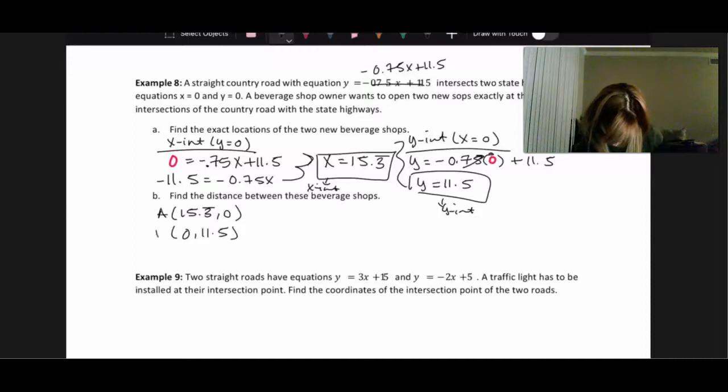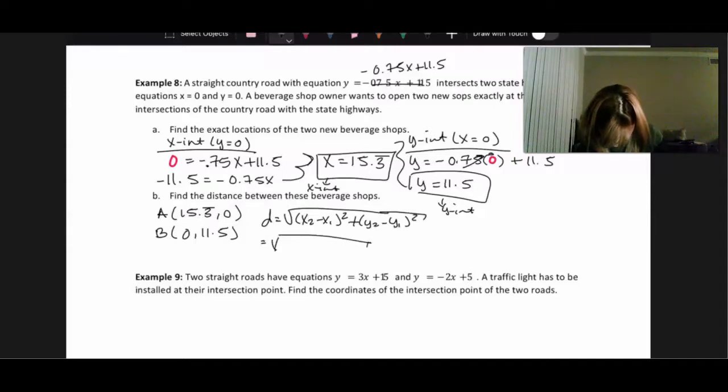So let's call this point A and point B. Distance formula is the square root of (x2 minus x1) squared plus (y2 minus y1) squared. So this is going to be 15.3 repeating, whoops, minus 0 squared. And then 0 minus 11.5 squared.